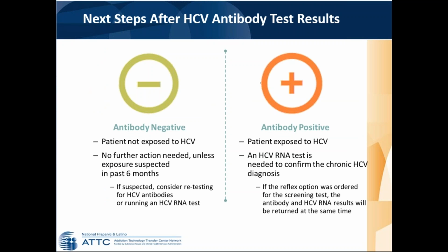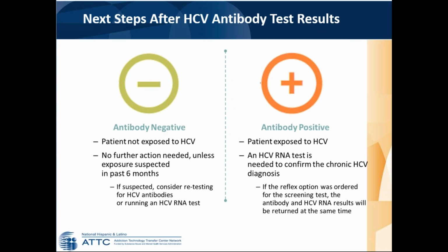And then how do you diagnose hepatitis C? So there is a hepatitis C antibody test, which is a screening test. And if that screening test is negative, the patient has not been exposed to hepatitis C unless the exposure has happened within 6 months.